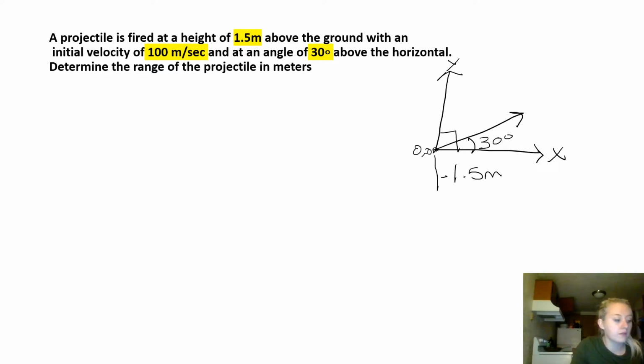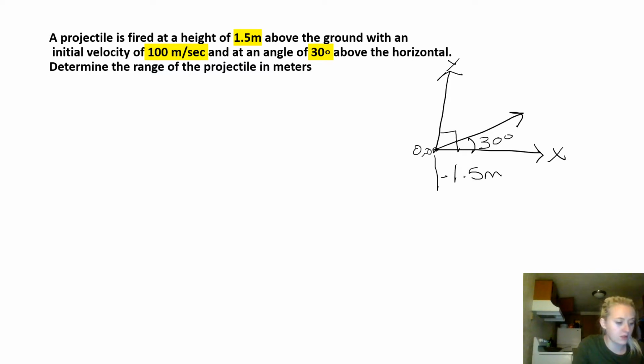Okay, and so let's take one of our kinematic equations and solve for the time it takes for the final range, so when the projectile is basically hitting the ground.